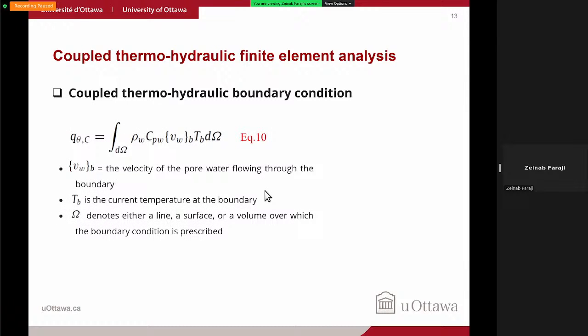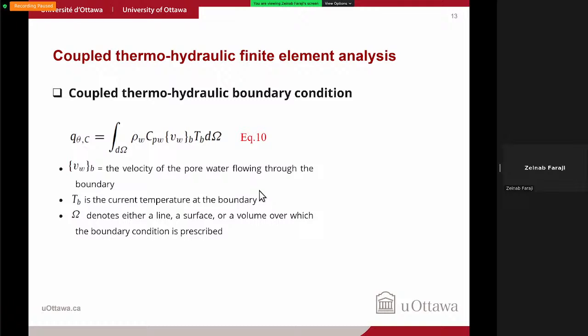So this equation can be used to calculate the total amount of energy associated with the flow of pore water through the boundary. This boundary condition is nonlinear, because both temperature and velocity are varying. So that's why this equation is nonlinear.